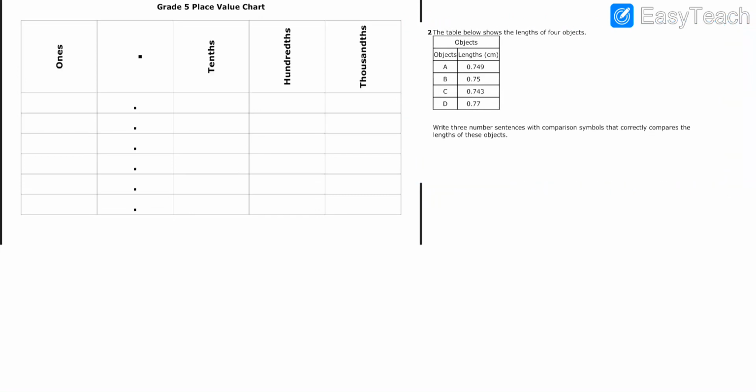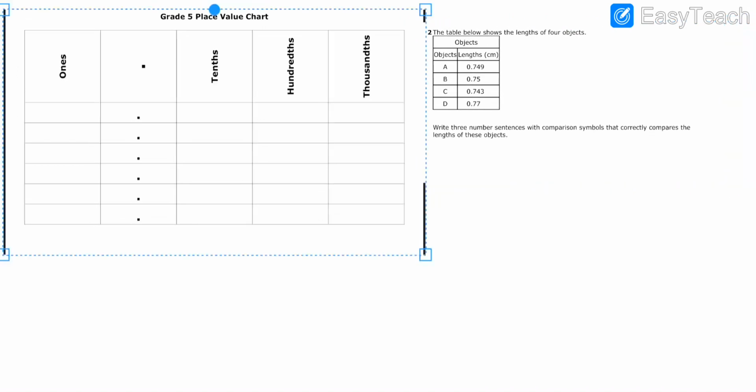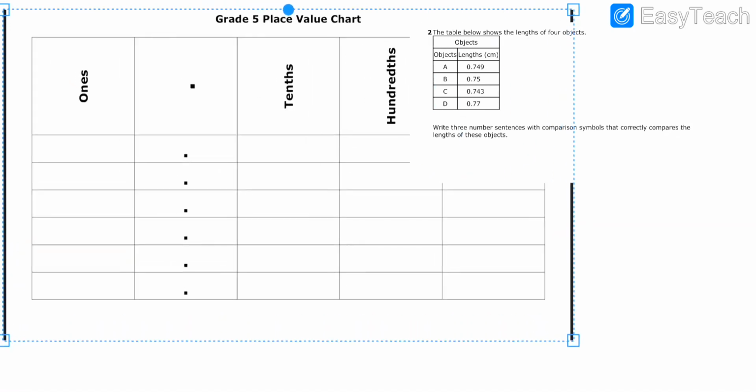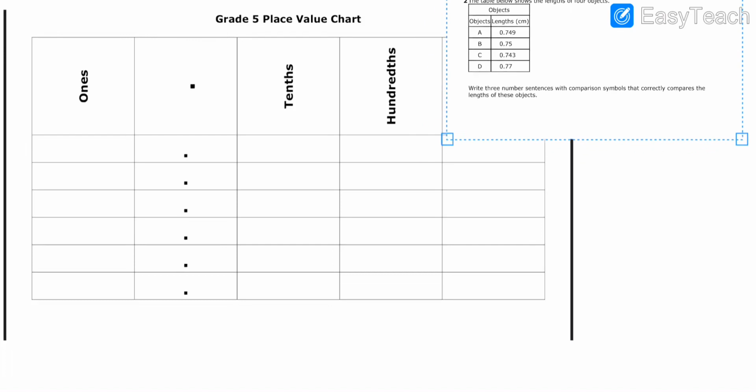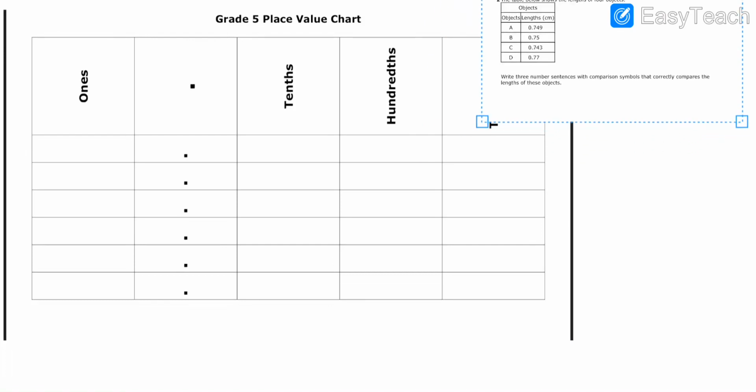We have our numbers, and the best thing to do is to write those numbers out on the place value chart. Since the first number is 749 thousandths, I would write that number into the place value chart. We can write 0: 0 ones, 7 tenths, 4 hundredths, and 9 thousandths.